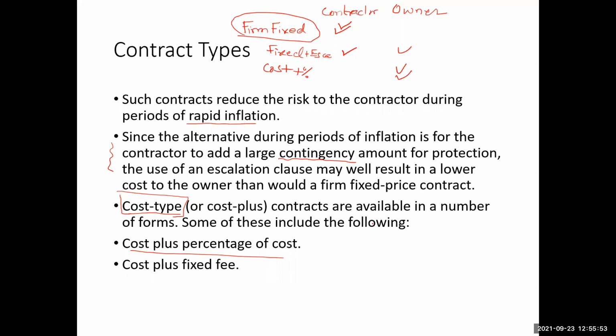Then, on a slightly lower scale, there is the cost plus fixed fee. In this type of contract, the owner will pay for the cost plus a fixed amount of fee.